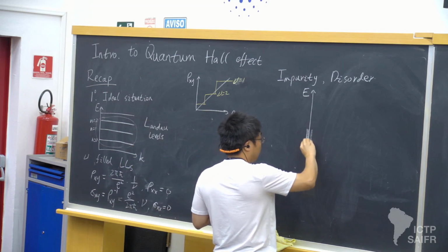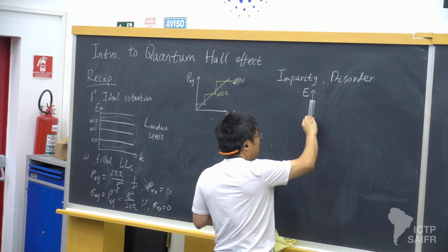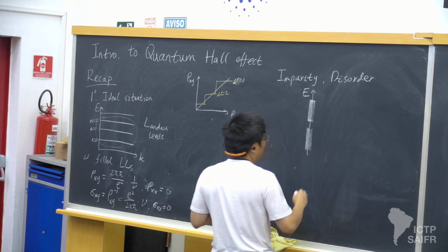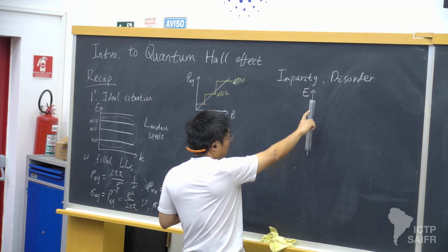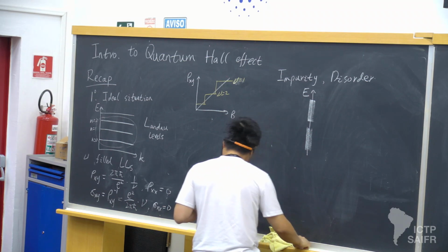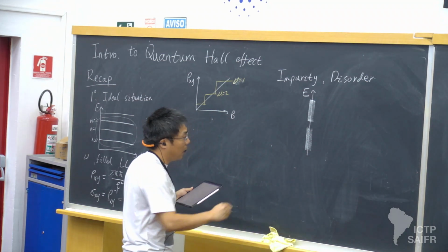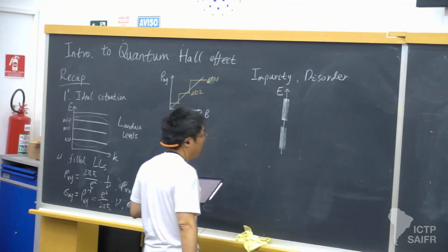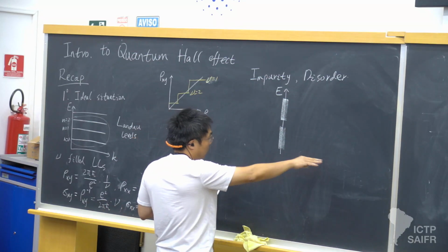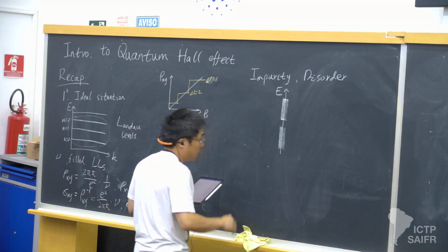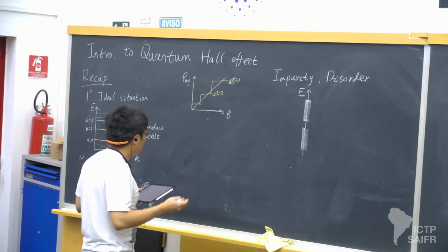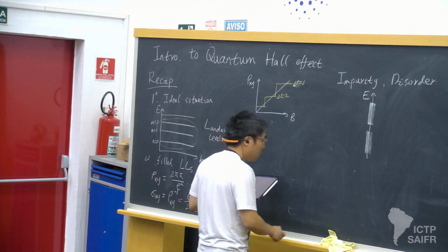Let me write it here. Each Landau level becomes rather broad, will be broadened, and I will no longer have degeneracies. So I should not really draw another axis like the quantum numbers, momentums, and so on, right?